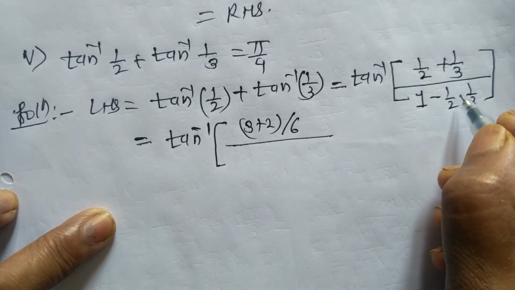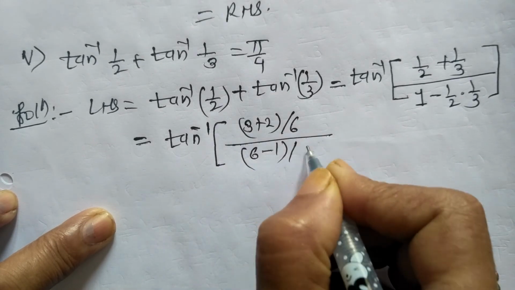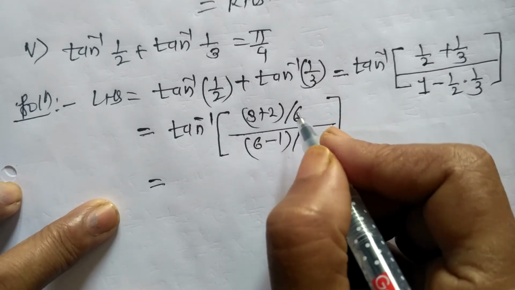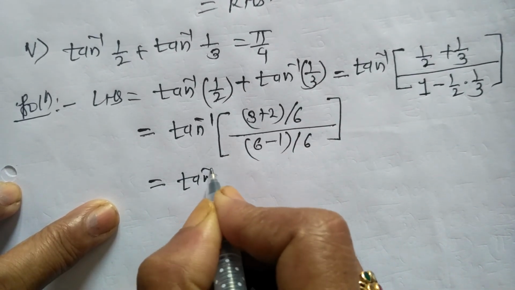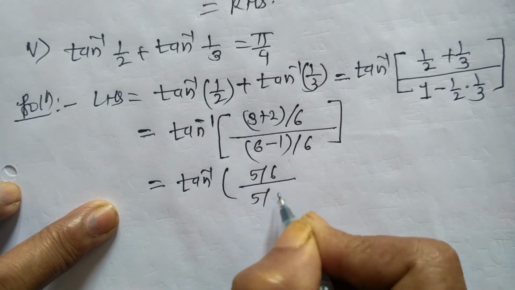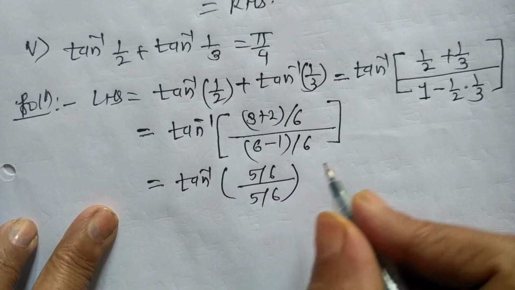Similarly, for 1 minus 1 by 6 we take 6 minus 1, and the denominator is 6, 2 into 3. Now the simplification gives tan inverse of 3 plus 2 means 5 by 6 as the numerator. Again the same denominator: 6 minus 1 is 5, and the denominator is 6.